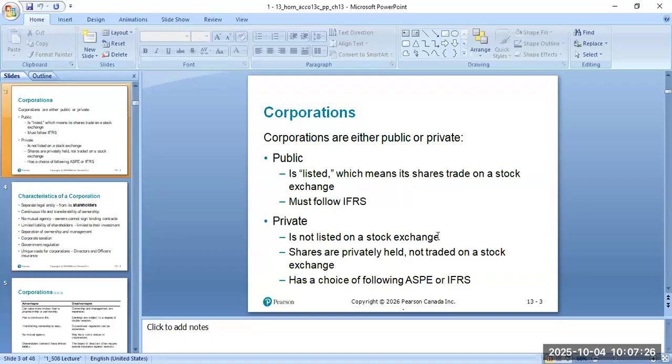What does public mean? Public means that the shares of the corporation are publicly traded on the open market. Which market will that be? Well, that will be the stock market. The shares of the company, we call them stock, and those stocks are traded only on the stock market.